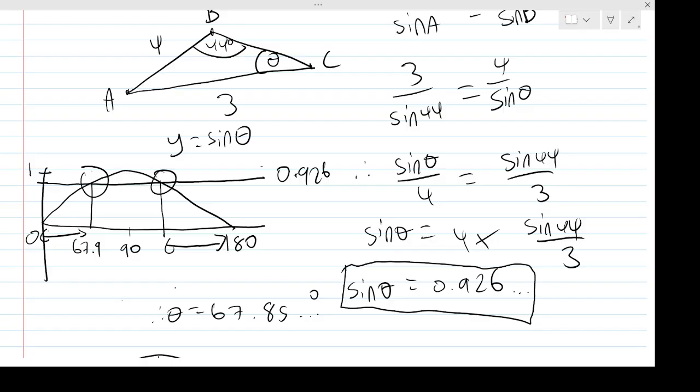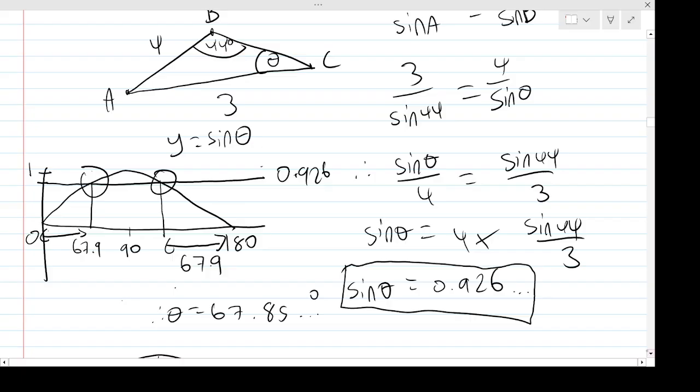So what I can do then is, well, the gap is indeed 67.9, because between 0 and 67.9 is actually 67.9. So that's the gap between the first solution and the end. At the other end, at 180, it's the same distance of 67.9 between the intersection point and the end of the curve at 180, because it's symmetrical in the middle, as we just saw.